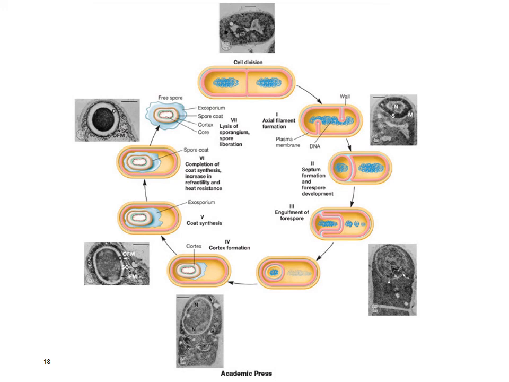And then finally in stage 7, we have completion of coat synthesis and lysis of the sporangium. And this occurs as a result of the action of lytic enzymes. These enzymes destroy the sporangium and this releases the endospore. Sporulation requires about 10 hours in the bacterium Bacillus megaterium.